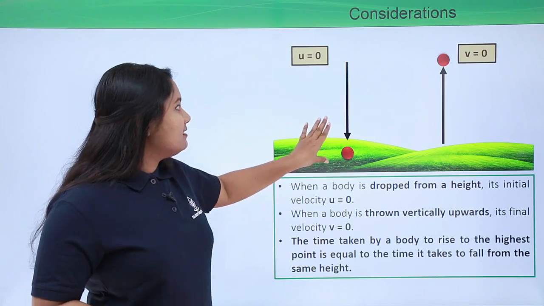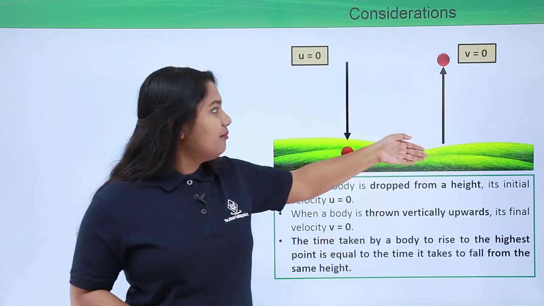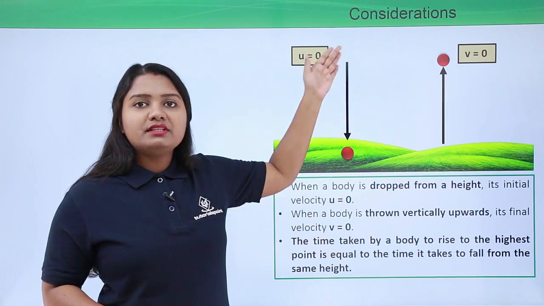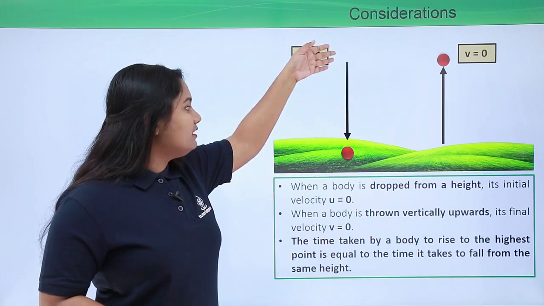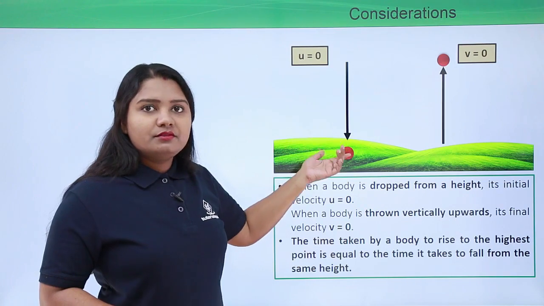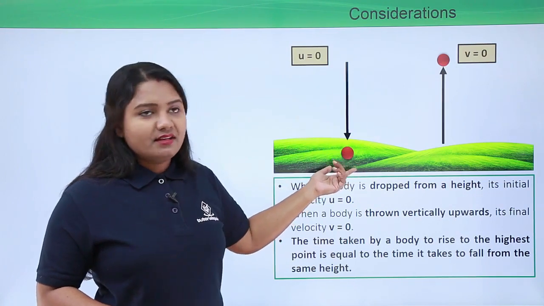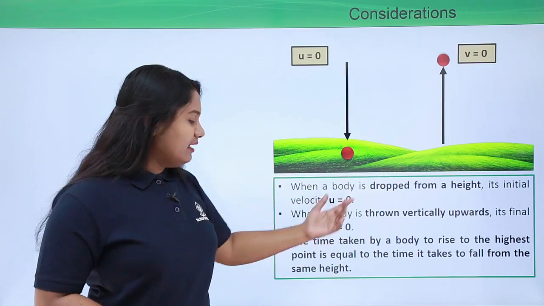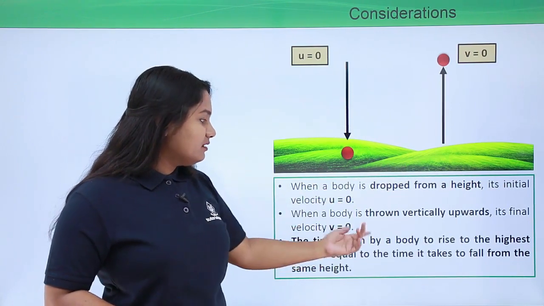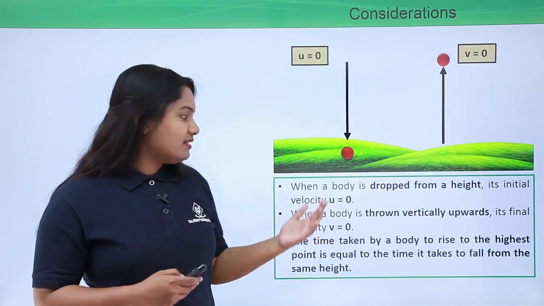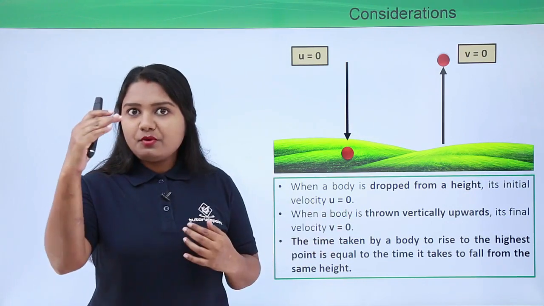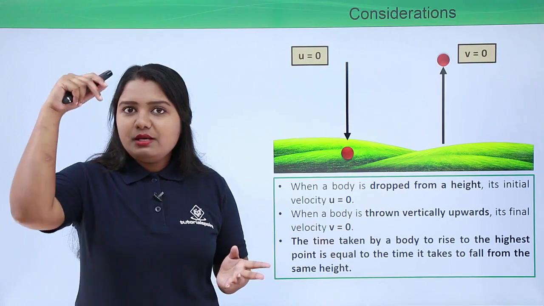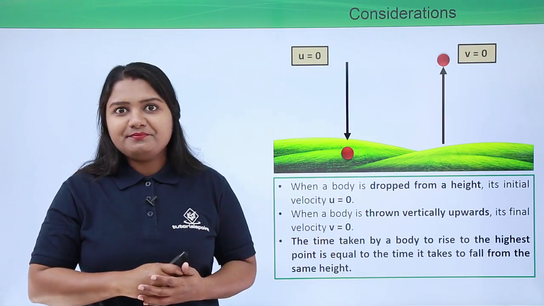So the time it takes for the upward motion to reach the maximum height is exactly equal to the time it takes for the downward motion for the same height. That is what the third point says: the time taken by the body to rise to the highest point is exactly equal to the time taken by the body to fall back to the earth.